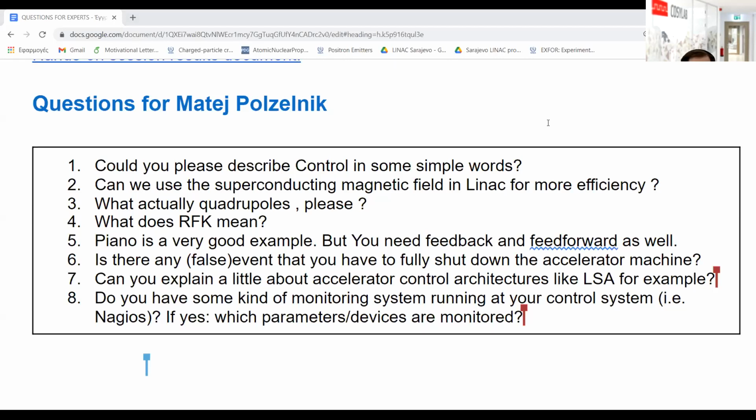Also, I remember there was one big event that you have to fully shut down the accelerator, and that was actually in the LHC, the Large Hadron Collider.